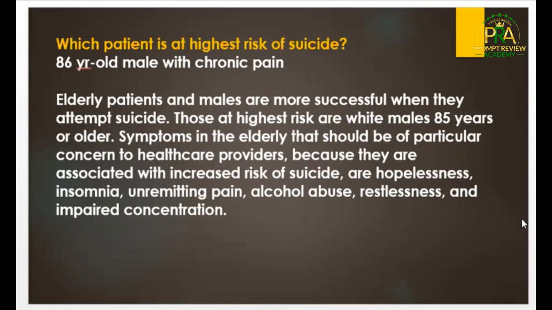Elderly, white, male, they are more prone to suicide, especially with chronic pain. Elderly patients and males are more successful when they attempt suicide. Those at highest risk are white males, 85 years or older.